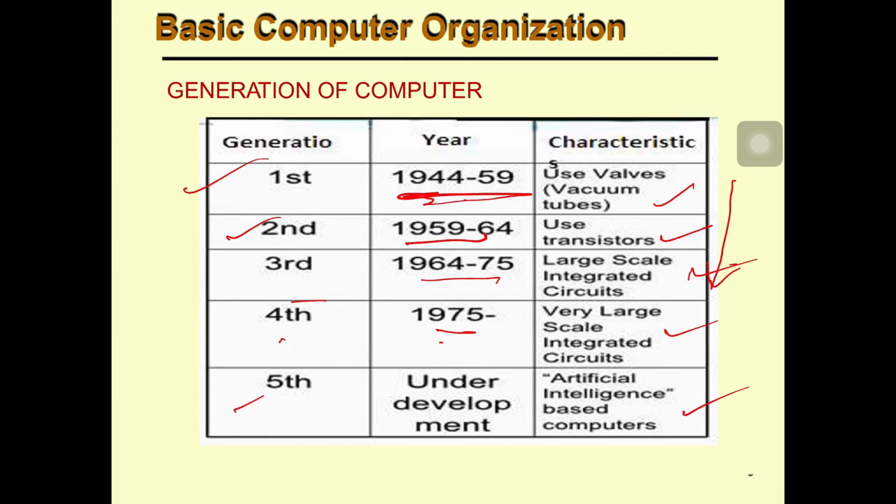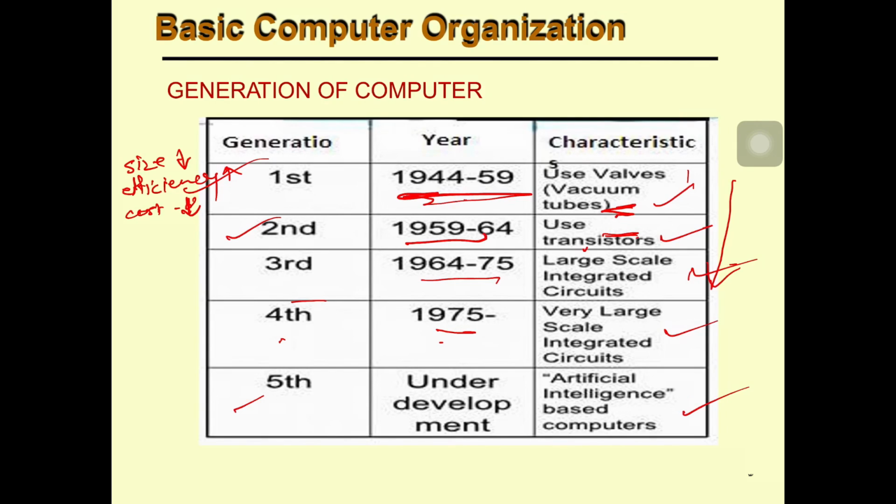As we go downwards, the size of the computer reduces, efficiency increases, and cost decreases. Because in first generation computers, vacuum tubes were used, which occupied the space of a room. After that, transistors were used.